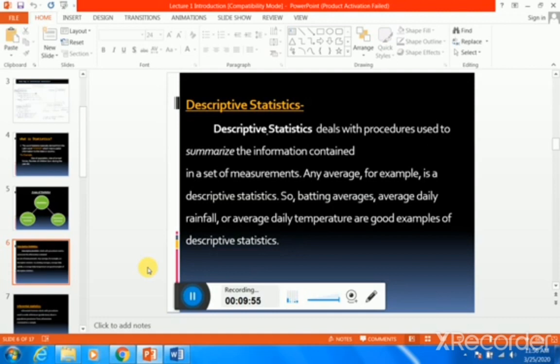This is simply stated as descriptive statistics. That science which describes the overall phenomena regarding the interest of the researcher. Such methodology is known as descriptive statistics, that statistics which describes things in numerical facts.